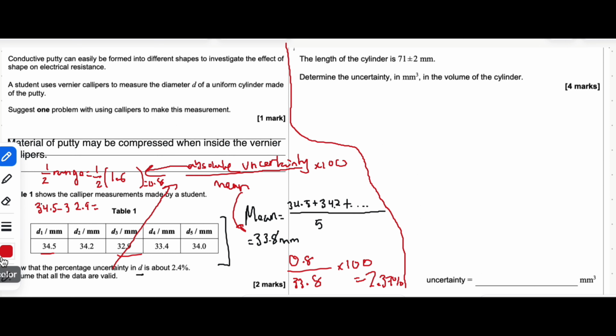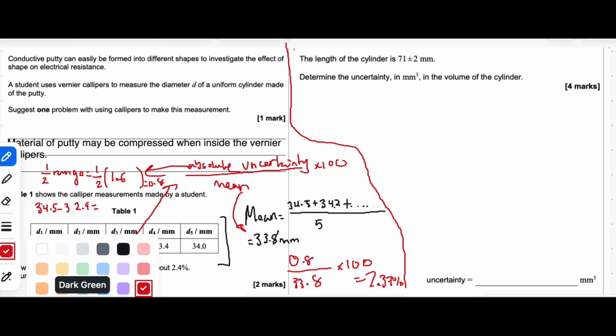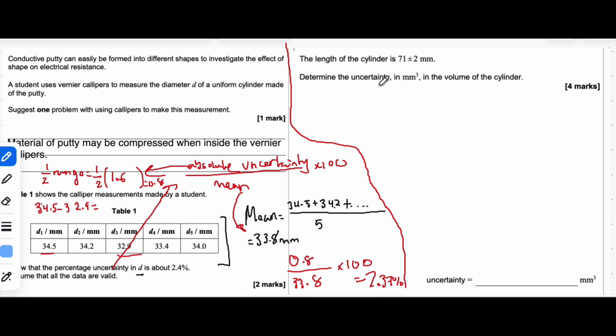Let's use this blue. Determine the uncertainty in the volume of a cylinder. What we know about a cylinder is it's a 3-dimensional shape where the volume is given by the cross-sectional area, pi r squared, multiplied by the actual length of the cylinder.